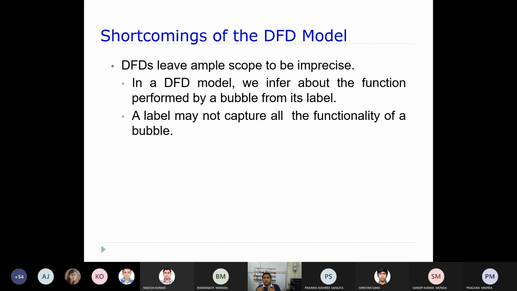If some of the data inputs are missing, how is your search function going to act? The label may not capture all of these things, so when you label a particular bubble, it still leaves this sort of imprecision.